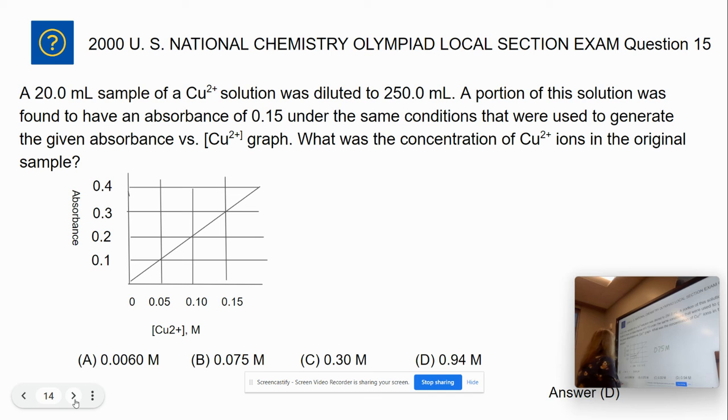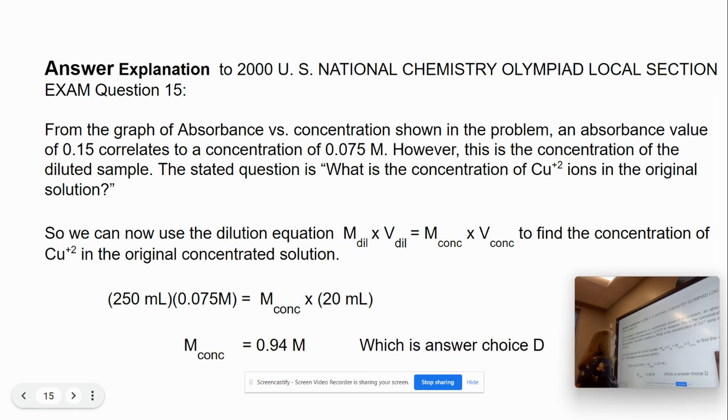So I have it worked out on my next page. Let's get rid of this. So on the next page, I show that I would just use the dilution equation. We just found out that it is 0.075 molar for the 250 mL, the diluted, and we can plug that in on the diluted side, molarity of dilute times volume of dilute.